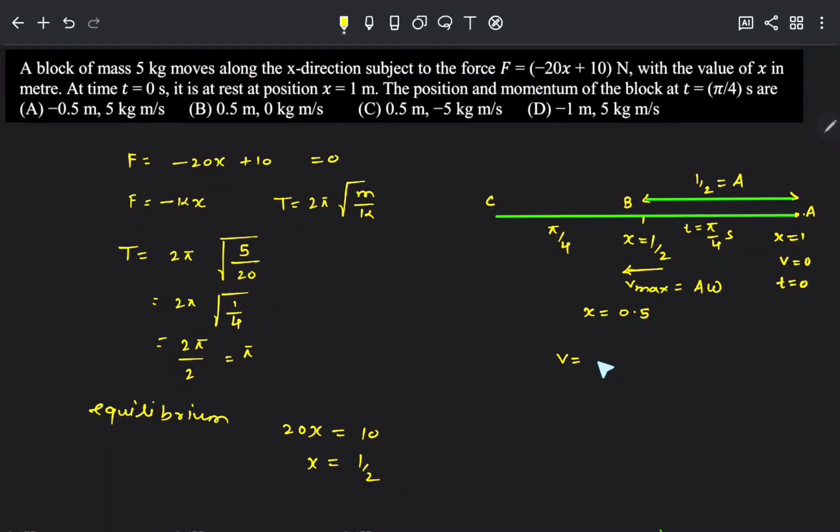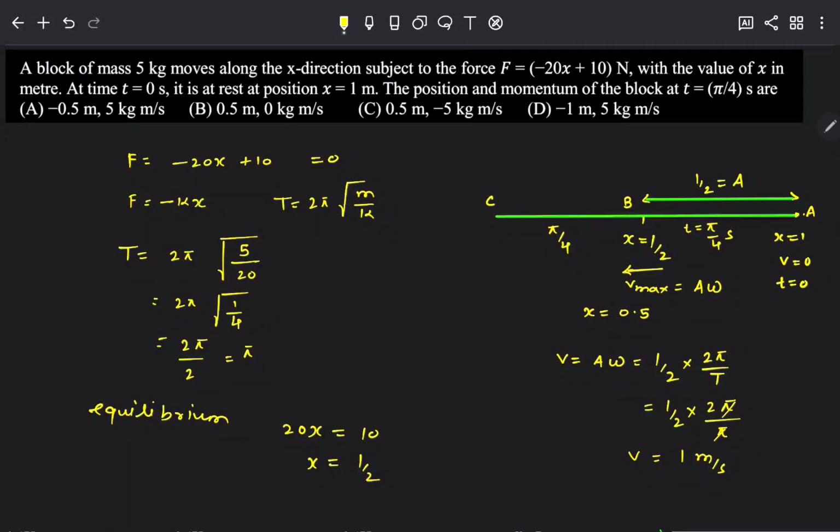A is the amplitude, which is half, and omega is the angular frequency, which is 2 pi by T, because we know T is equal to 2 pi by omega. So it will be equal to 1 by 2 into 2 pi upon time period pi, pi cancels, so velocity is equal to 1 meter per second.